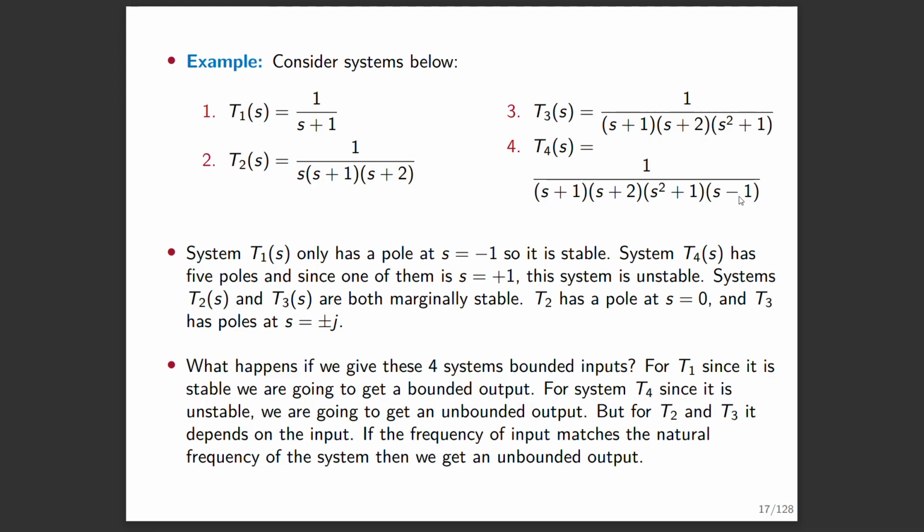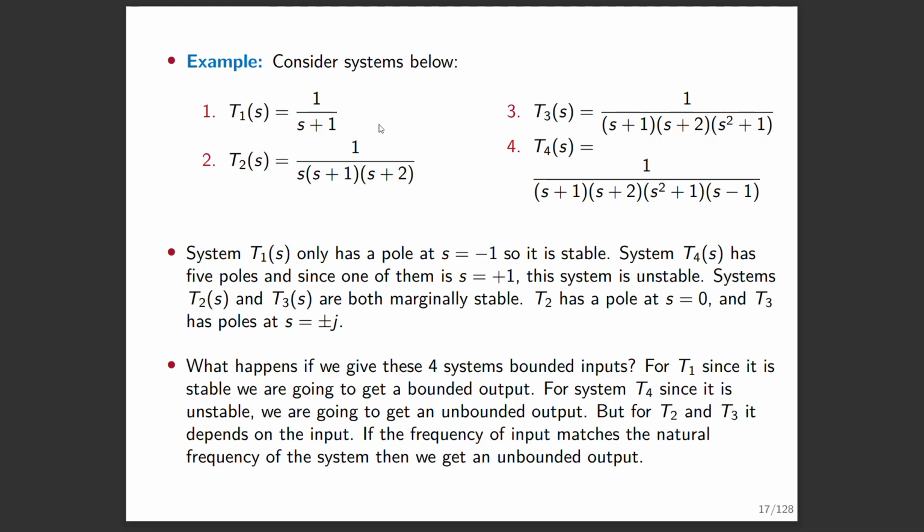So then the question was, what happens if we give the system a stable input? Well, the stable system would produce a stable output for a stable input. So our stable system would produce a bounded output for a bounded input.